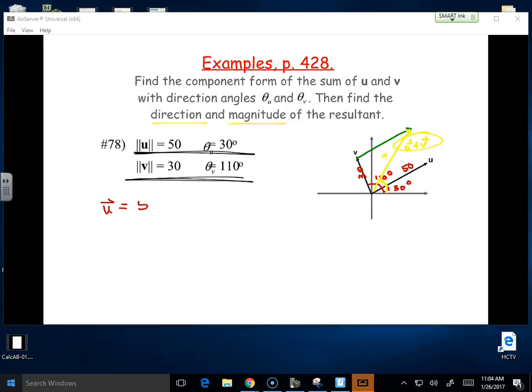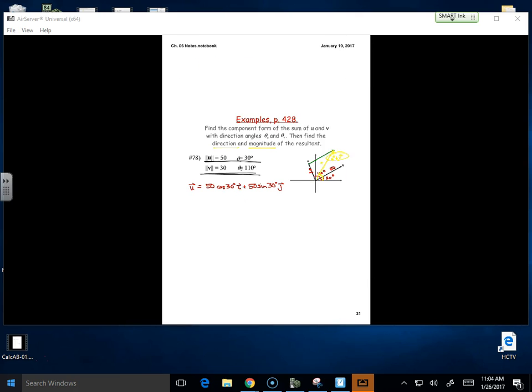Isn't it magnitude cosine angle for A? And isn't it magnitude sine angle for B? Check it. Yeah. Because we have magnitude and direction.